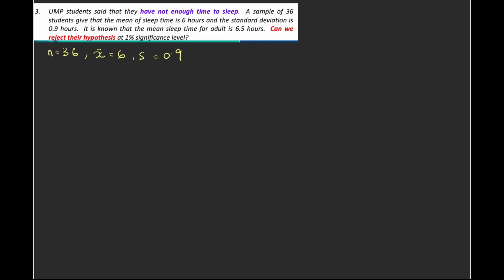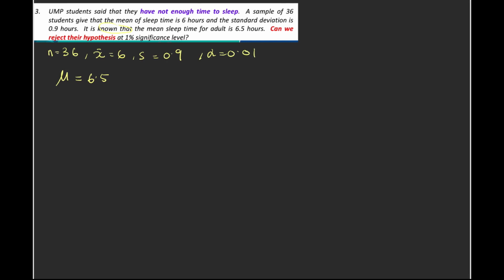It is known that the mean sleep time for adults is 6.5 hours. So this one is the population, mu equals 6.5 hours. Can we reject the hypothesis at 1% significance level? Alpha is 0.01.